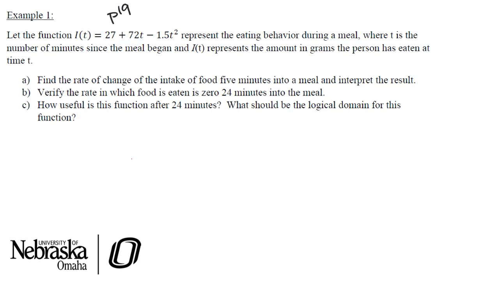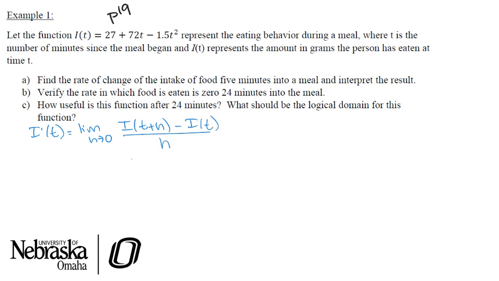Okay, let's first find the derivative of this in general for any t value. So we want to use our equation: I prime of t equals the limit as h approaches 0 of I of t plus h minus I of t, over h.